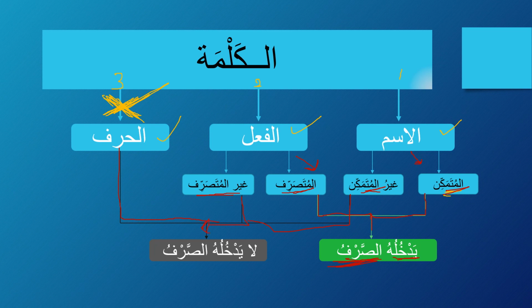Sarf has no business with them. So we just see them now, and we are not going to be seeing them again. But we are looking at ismun mutamakkin and fi'lun mutasarrif. Inshallah, these are what we will be talking about later on.